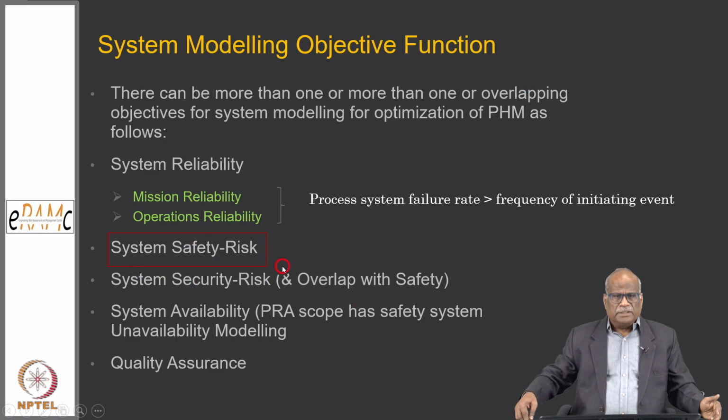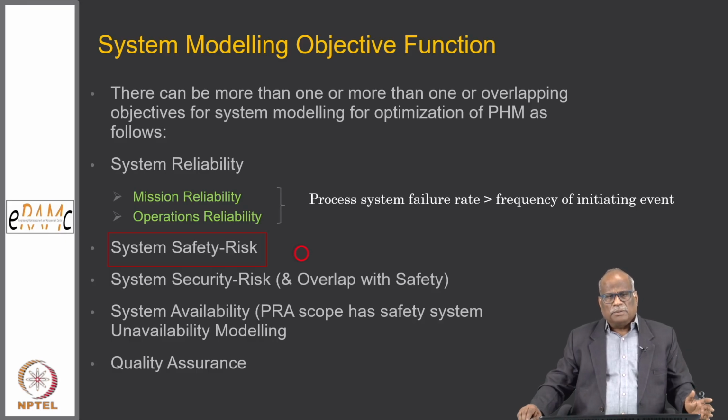Okay. And that way, if you see the probabilistic safety and security, even though they are modeled separately, there is a good overlap. Almost the same tools are used for modeling security risk and safety risk. But we have to distinguish between overlapping areas and an independent area dedicated to security or safety.